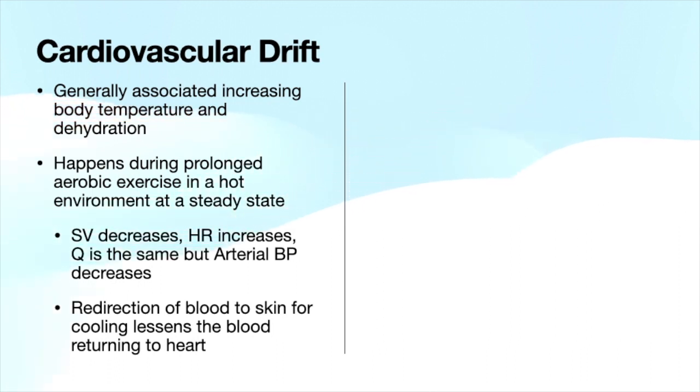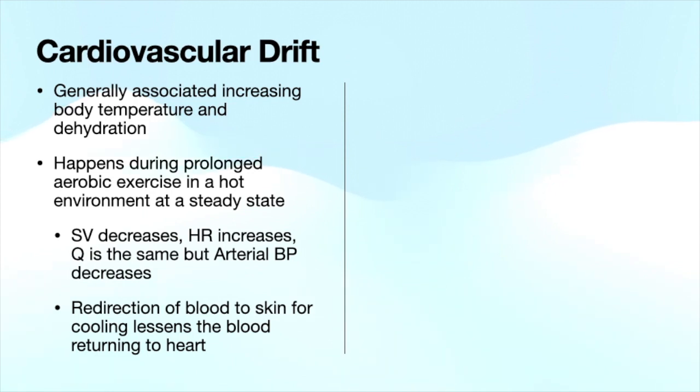So, this will lessen the volume of blood returning to our heart. No? So the redirection of blood to the skin for cooling lessens the blood returning to the heart, thus explaining why stroke volume, the amount of blood pumped out of your heart per beat, decreases.